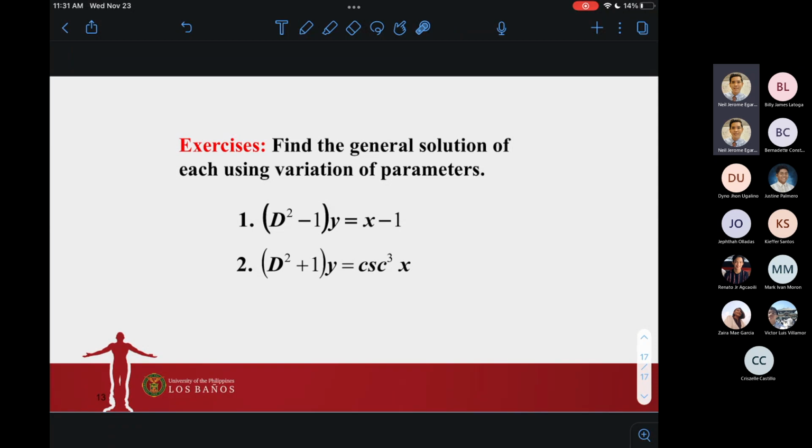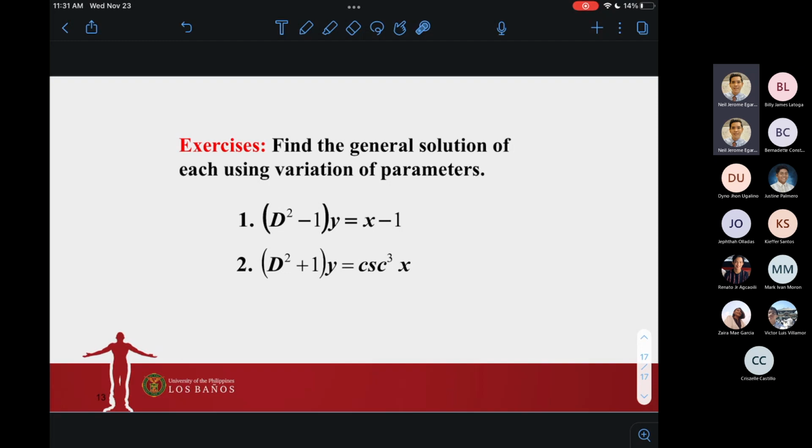Pero pag nag-work yung variation of parameters, hindi necessary na mag-work din yung reduction of order. Kasi yung reduction of order ay specific case lamang ng variation of parameters. Kasi baka yung ansatz natin mula dun sa reduction of order ay hindi sa atin magbibigay ng desired function. Okay. Pero yung variation of parameters, mas generic yung ating ansatz.